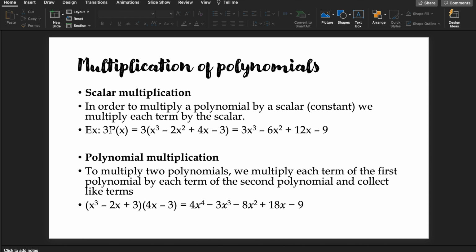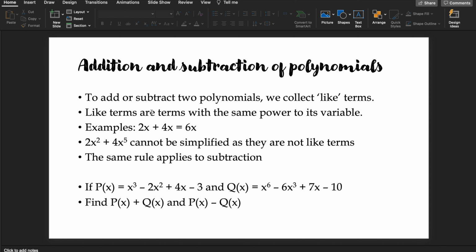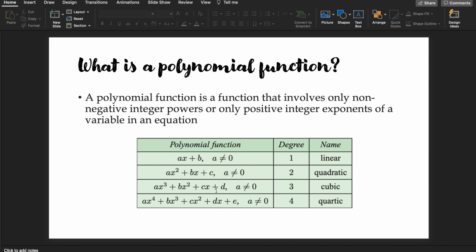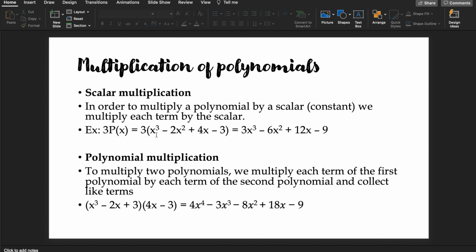It's 3 into p of x, and the p of x would be this. So 3 into x to the power of 3 would give us 3x cubed. Then minus 2 into 3 would be minus 6. 3 into 4 is 12. 3 into minus 3 would be minus 9. So that was scalar multiplication.